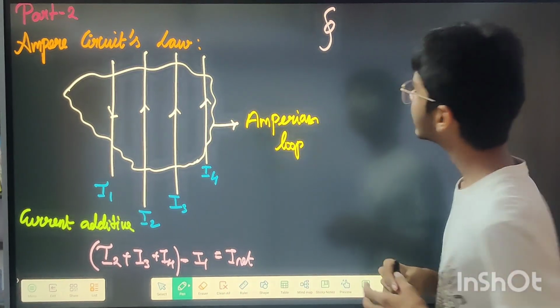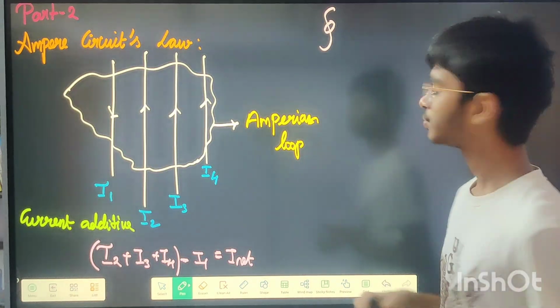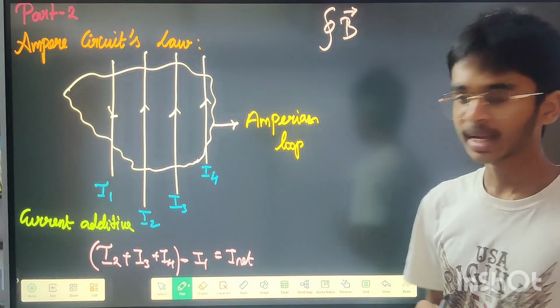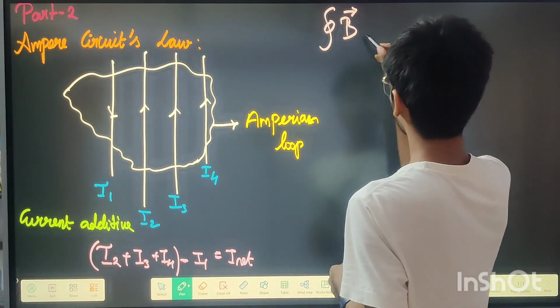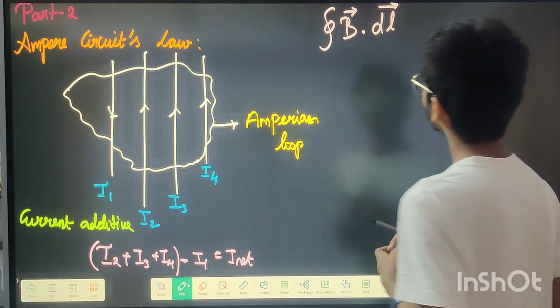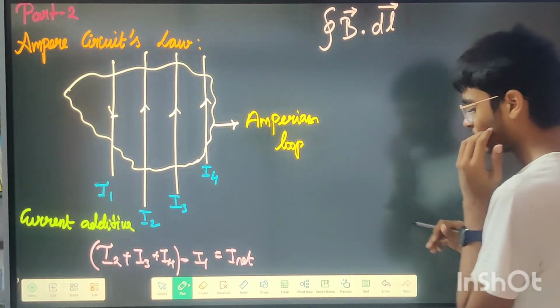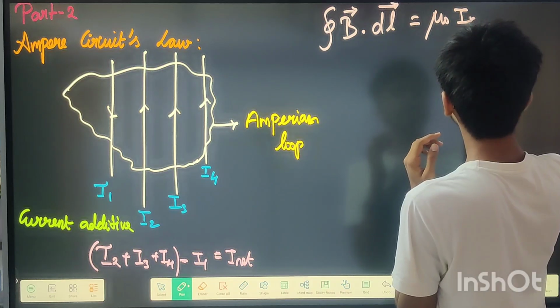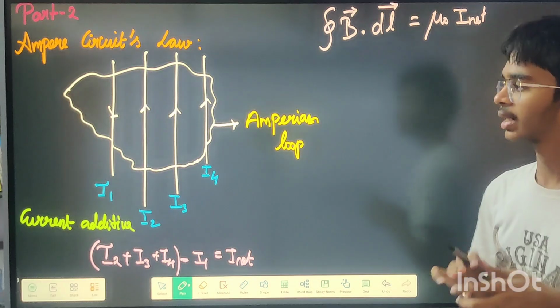The line integral of the product of magnetic field B and dl is equal to mu naught of net current.